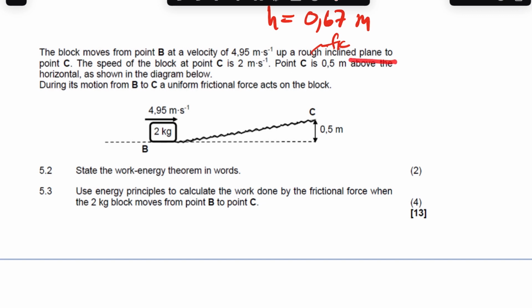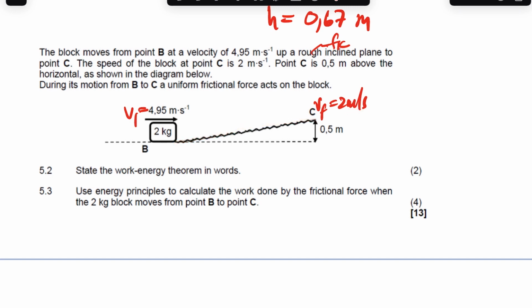The speed of the block at point C is 2 meters per second. So this block moves from here with that velocity and moves up a rough surface and reaches point C with the velocity which is going to be final, 2 meters per second, and this one will be the initial, right? Of course, the velocity decreases due to friction.